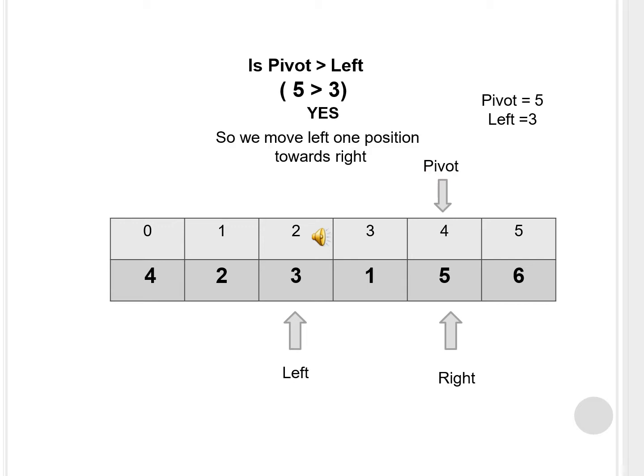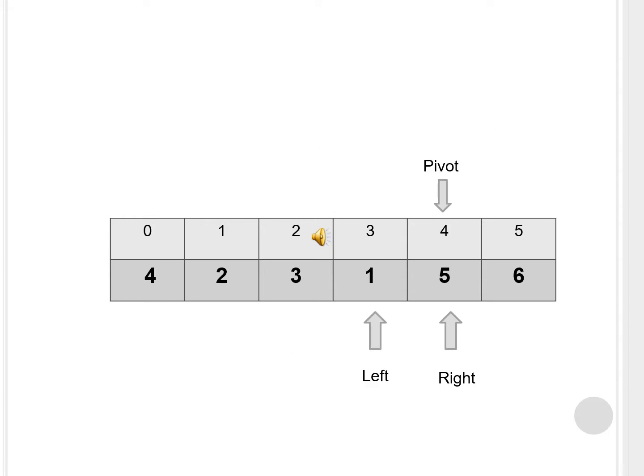5 has already been compared with 4 and 2. So now we are comparing it with the element at index 2, that is 3. 3 is smaller than 5, so there is no need to change its position. So we will increment the left counter, that is, left equals left plus 1. When 5 is compared with 1, 1 is smaller than 5, so there is no need to change its position.